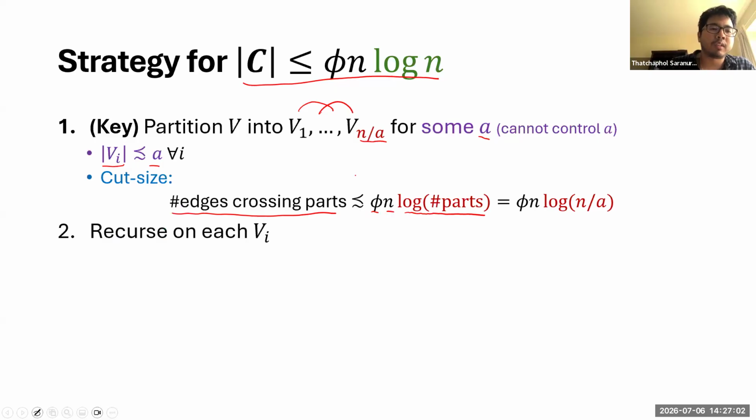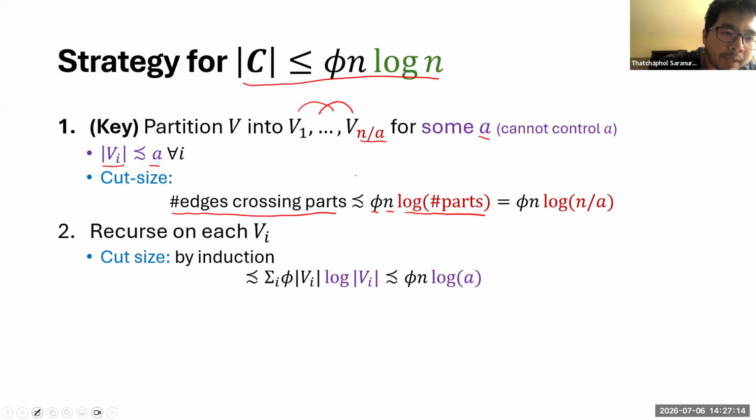Next, what we do is we're just gonna recurse on each part, vi. And the total cut size that we're gonna get for each part is, by induction, something like phi a log n, but by induction this looks like phi vi times log vi. Now this sum looks like this. The total size of vi is just n, but each vi has size at most a, so this is log a.